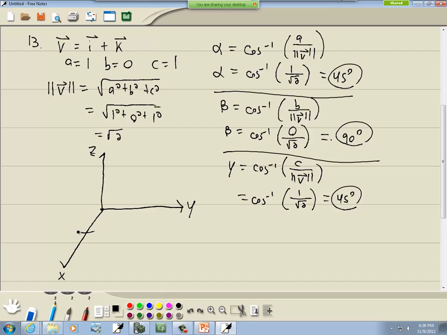Let's say this is 1, and then this is 1 here. So x is 1, y is 0, and z is 1. So I go up a distance of 1 on the z-axis. That's what makes it proportional, or as close as I can get.